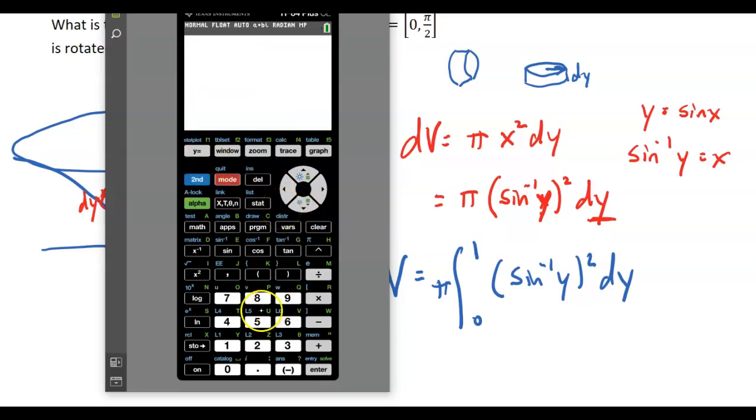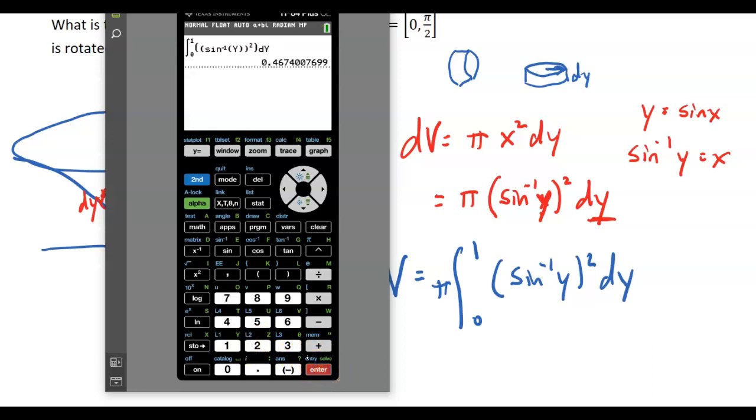All right, so here we go. I'm going to go math 9, 0 to 1, parentheses, inverse sine alpha y, close parentheses for the inverse sine, close parentheses for the function, square it, and then put alpha y.